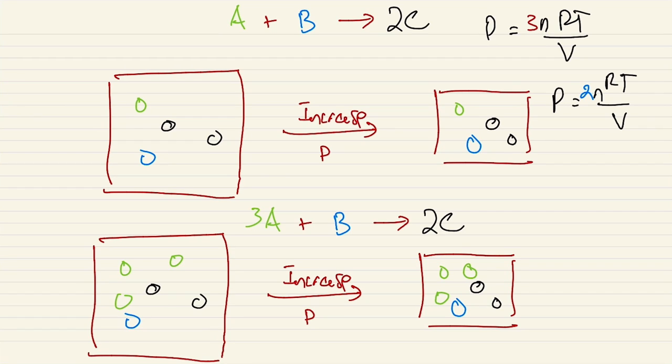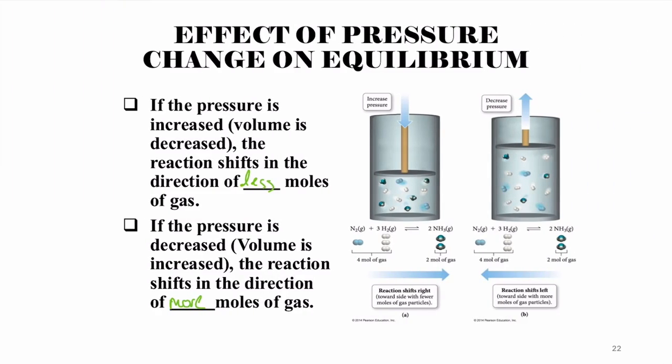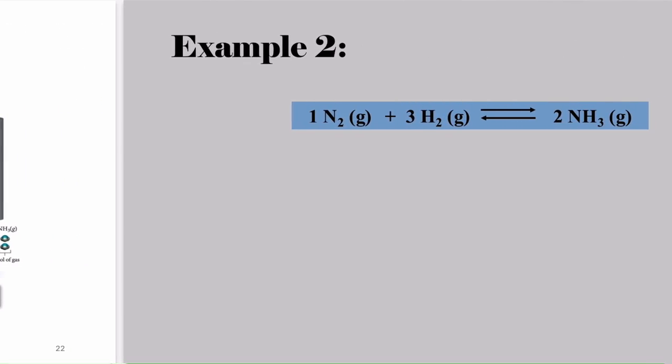Those colors aren't related to any of these colors here, they're just two different cases, right? Changing this pressure is going to affect the concentration less than changing this pressure because we have three n moles of gas, and this one we only have 2.